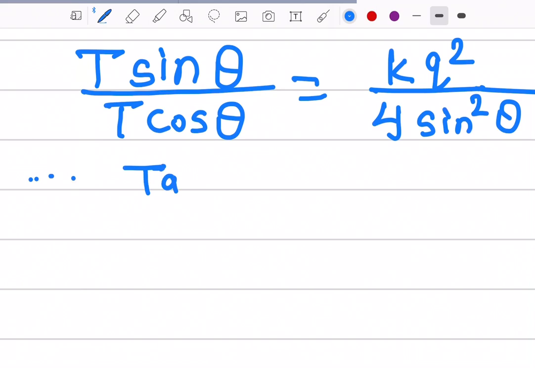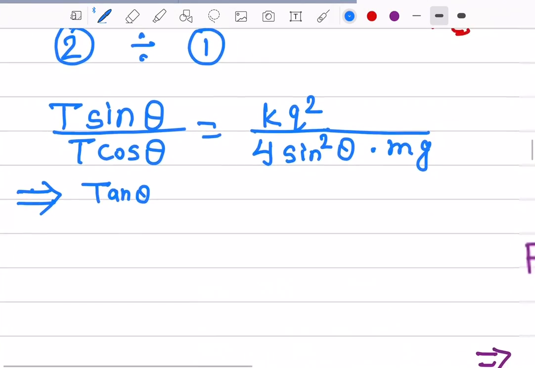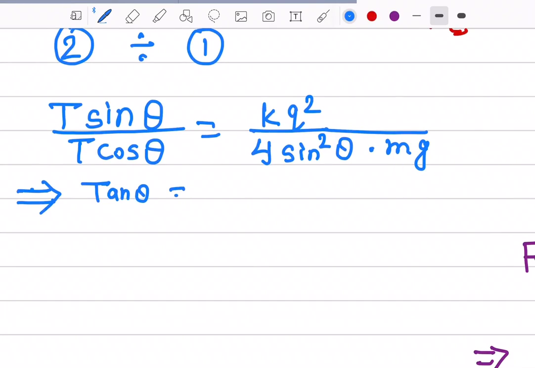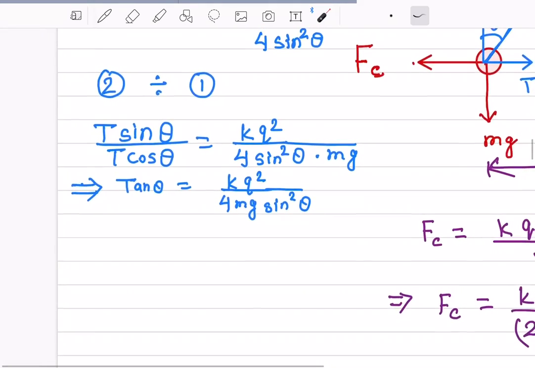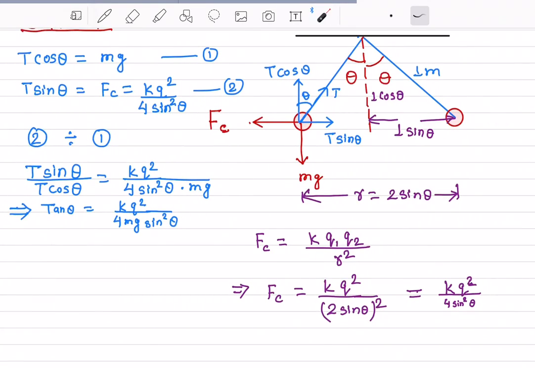So what I will get is tangent theta is equal to kq square divided by 4mg sine square theta. I'm simply simplifying this equation here.